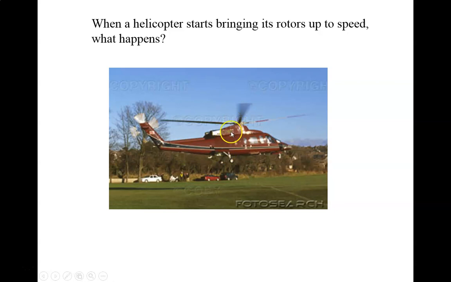What would happen is, as the rotors started spinning clockwise, the body would start spinning counterclockwise, and that's what happens. That's why they have this tail rotor on the helicopter, to prevent the body from rotating around due to conservation of momentum.